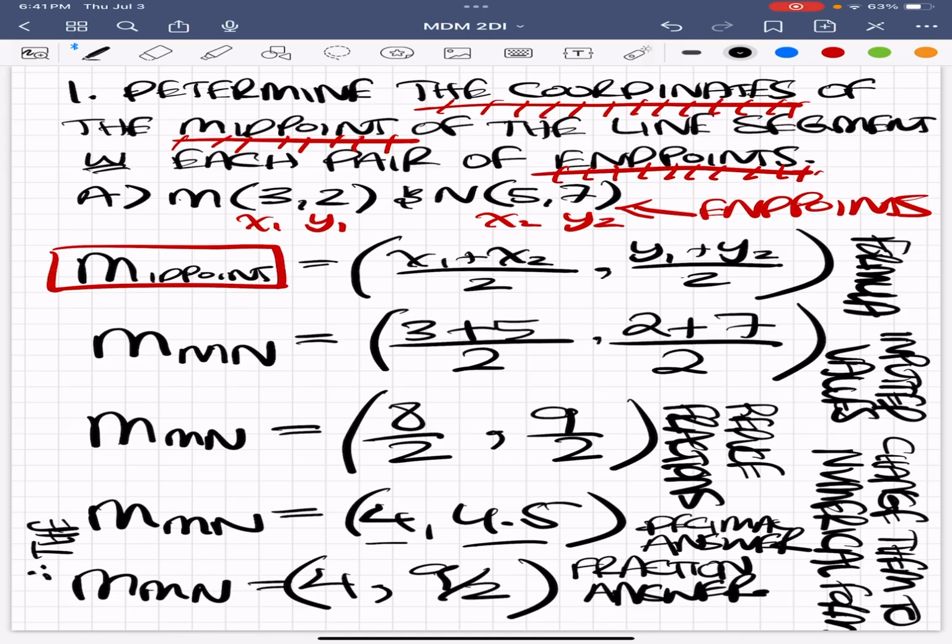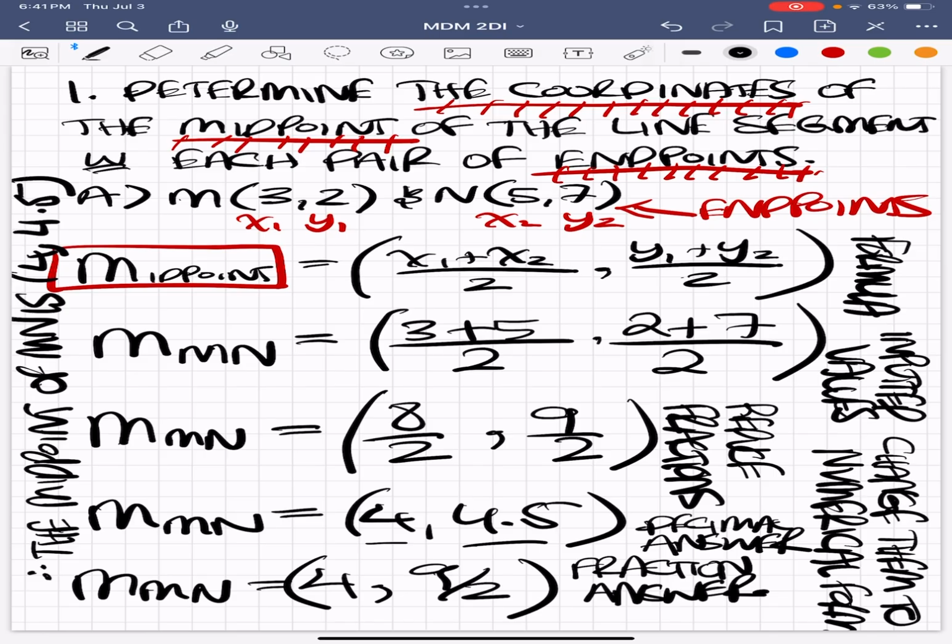The midpoint of MN is 4, 4.5. And we'll try our best to circle it. There you go.